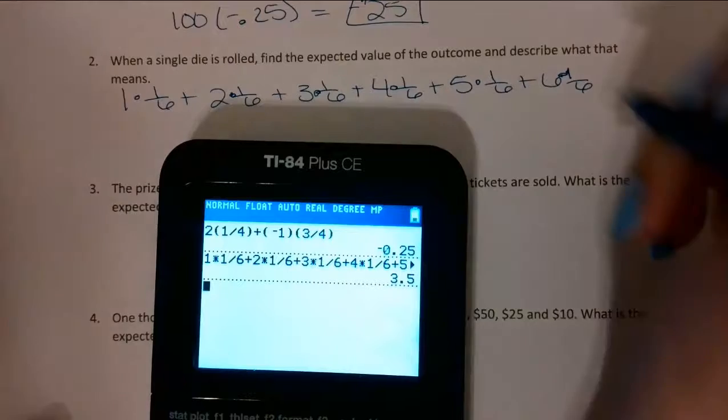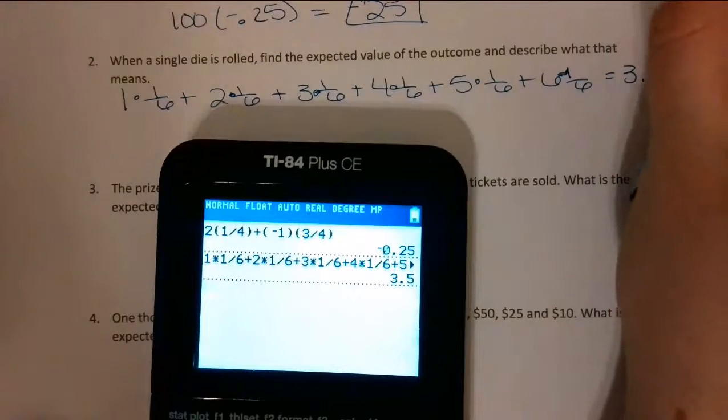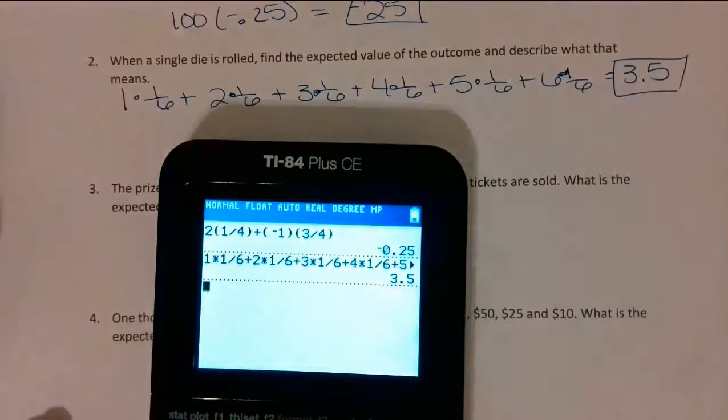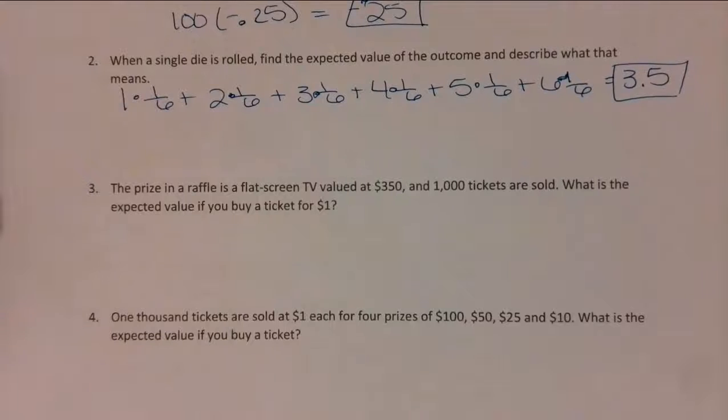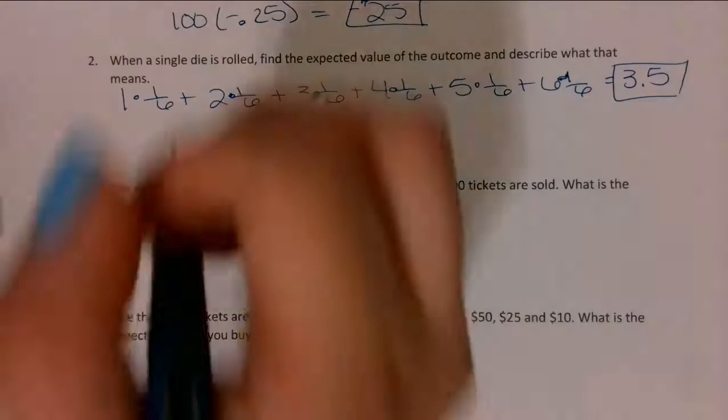And I get 3.5. So what this 3.5 means, if I throw the dice multiple times, my average is going to get closer and closer to 3.5.